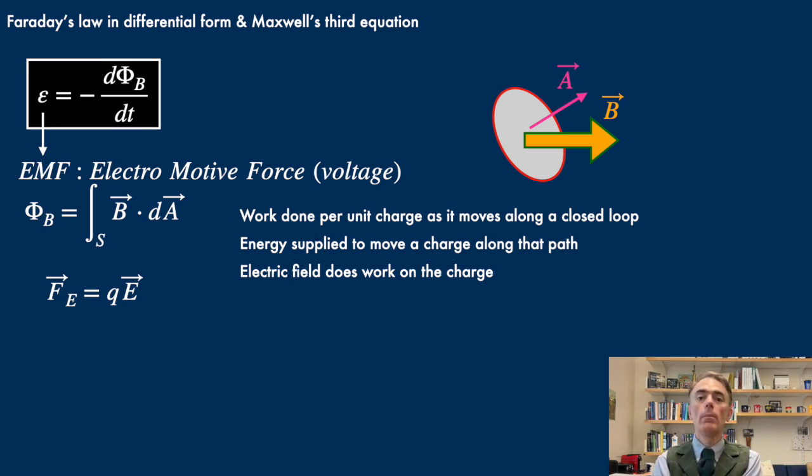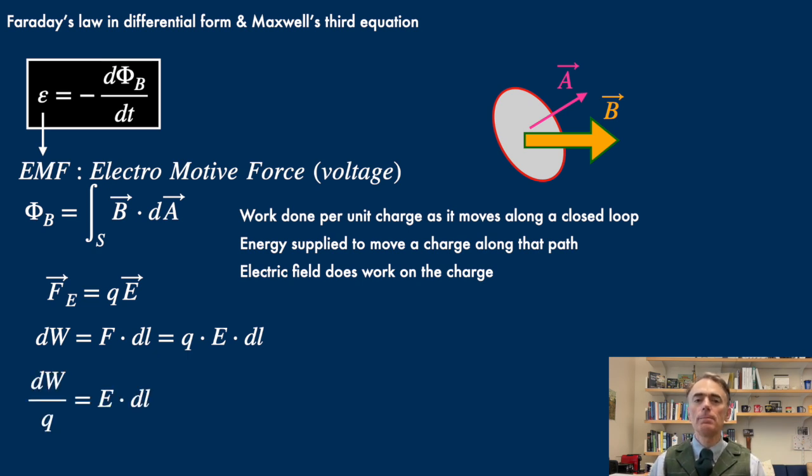The work done by the electric field on the charge Q as it moves over an infinitesimal displacement dl is dW equals F dl equals Q E dl. For a unit charge, Q equals 1, the work done over the infinitesimal path is simply dW equals E dl. Thus, the electric field contributes directly to the work done along the path.